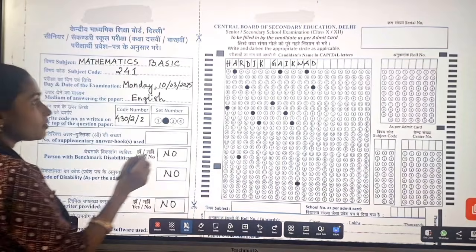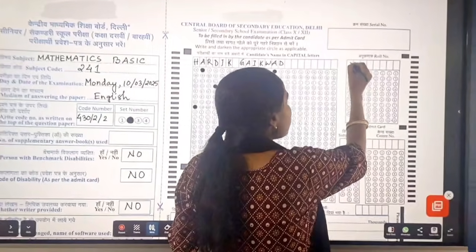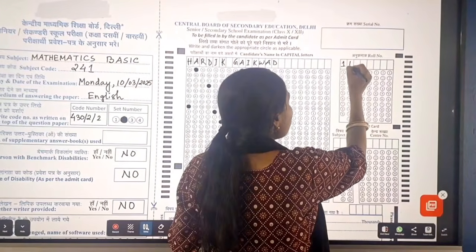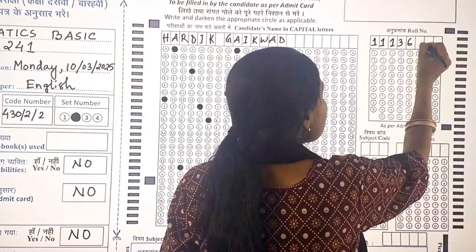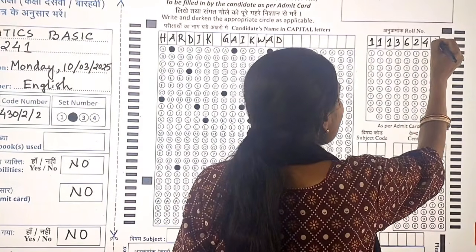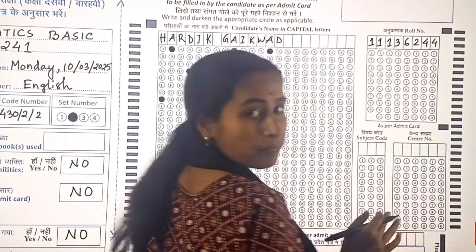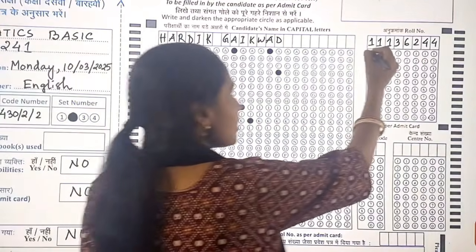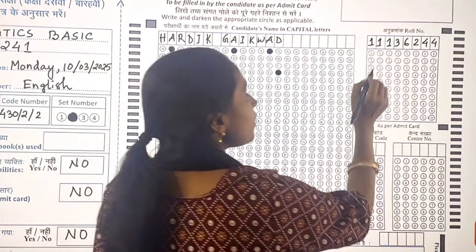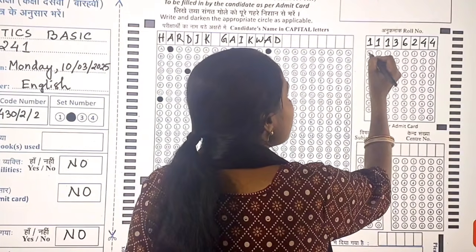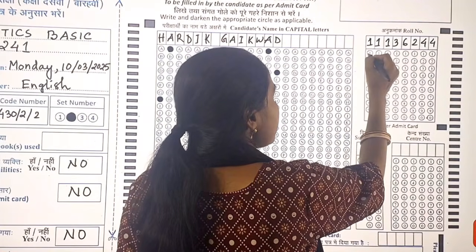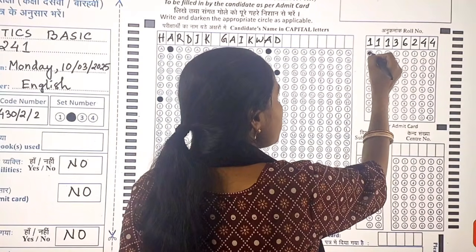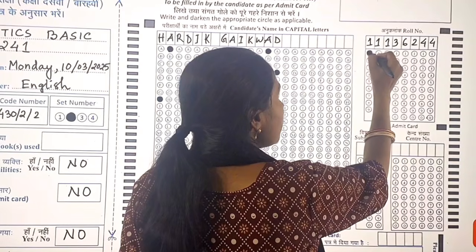11136244. So in the same way we have to fill up the roll number also. Now see here, remember that 0 is at the end. The starting digit is 1, so in the same way we will circle 1.